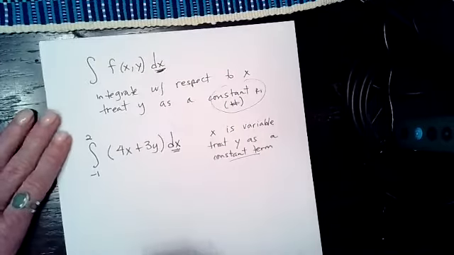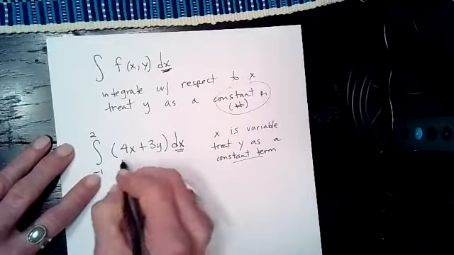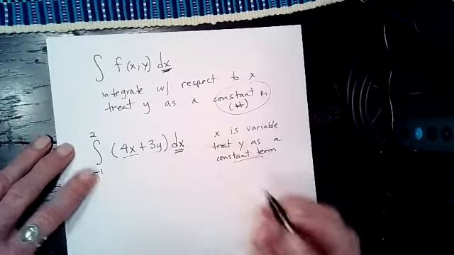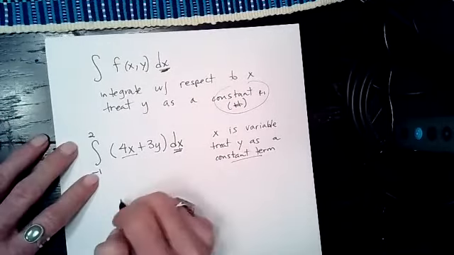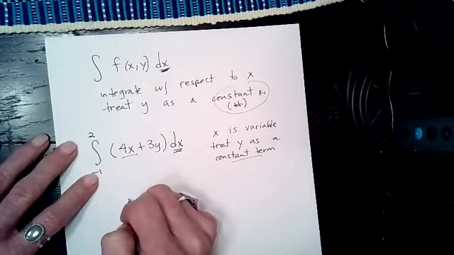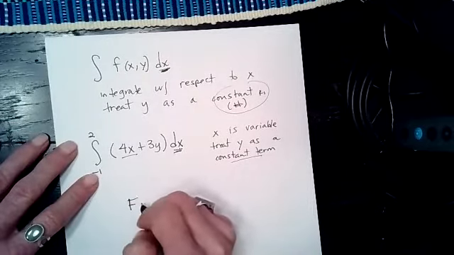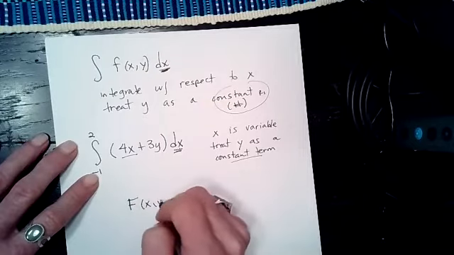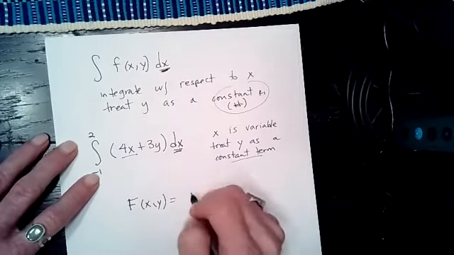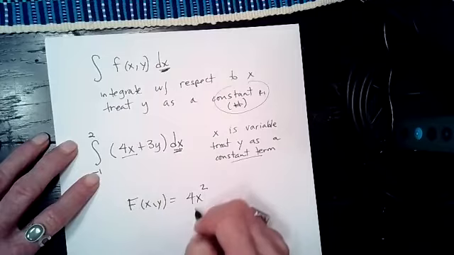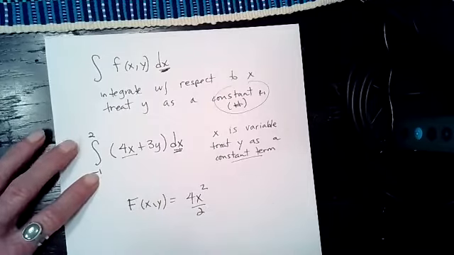Okay. All right, so if I integrate 4x with respect to x, that's just normal, okay? So that's going to be my antiderivative, it's really f of x, y, is 4x squared over 2, normal, normal, normal.